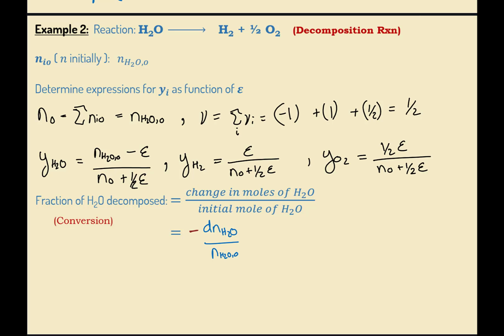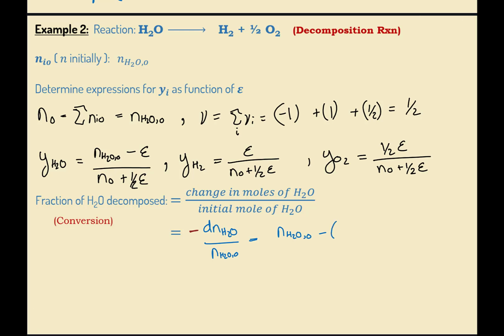So in this case, if I expand this out, we're going to get NH2O naught, so I flipped it now, minus my final number of moles. And the final number of moles would be a function of the extent of reaction, which would be what we see here. NH2O naught minus epsilon will be my current number of moles.